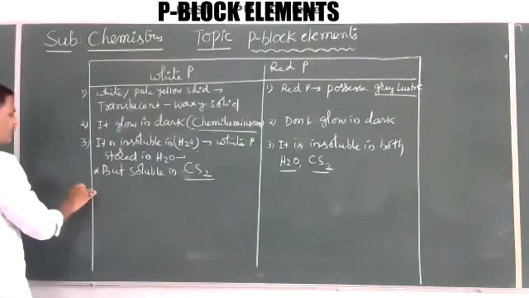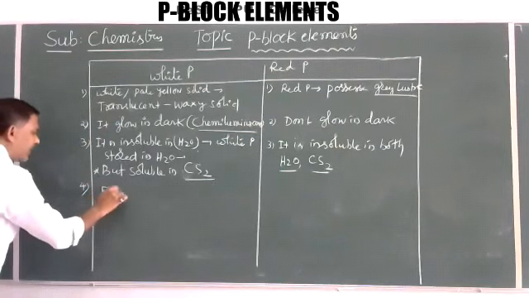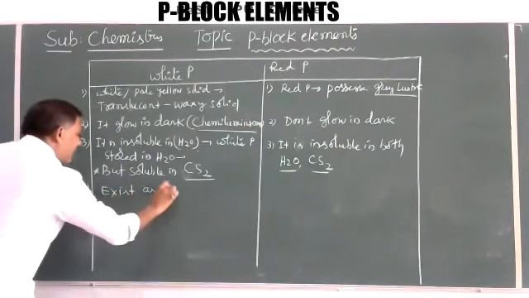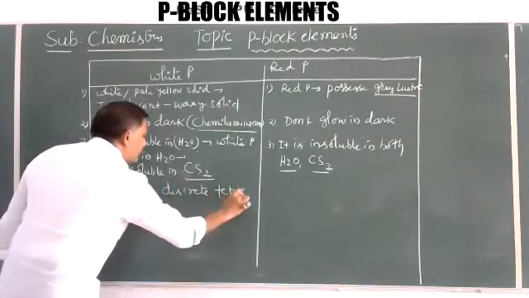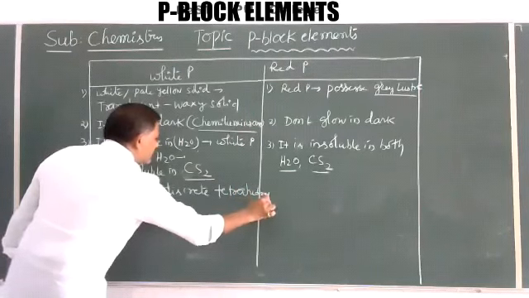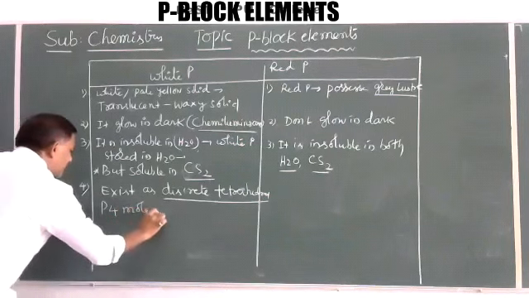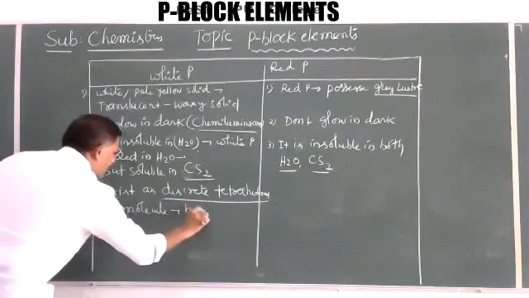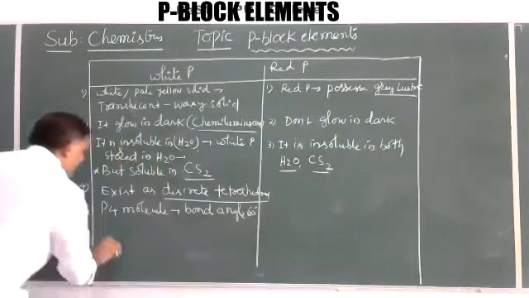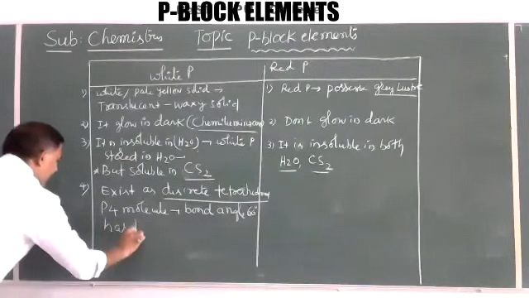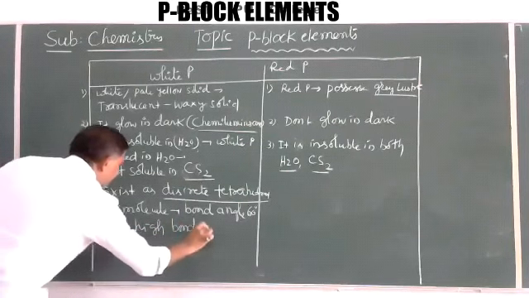Now the fourth one. White phosphorus exists as a discrete tetrahedral P4 molecule, one separate molecule. In that P4 molecule the bond angle is 60 degrees and has high bond angle strain.